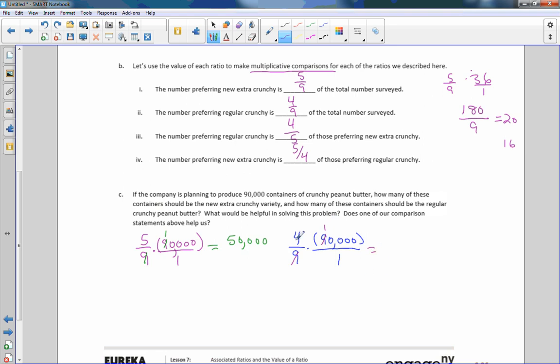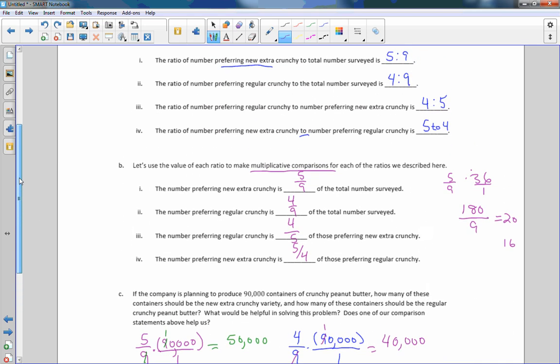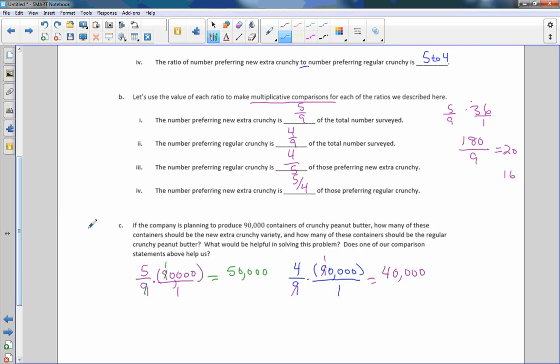So now we have 4 times 10,000, which is 40,000. So 50,000 new chunky, 40,000 of the original chunky would give us a total of 90,000 jars. So our comparison statement that helps us is comparing the preferred to the total.